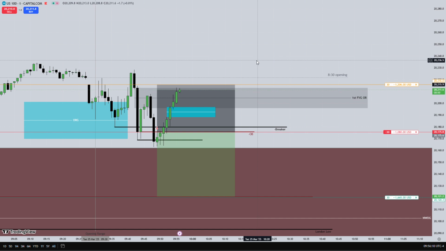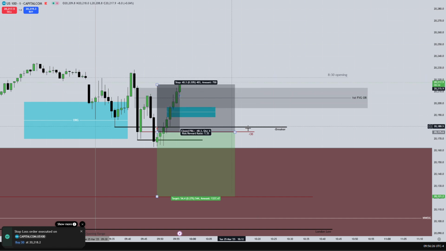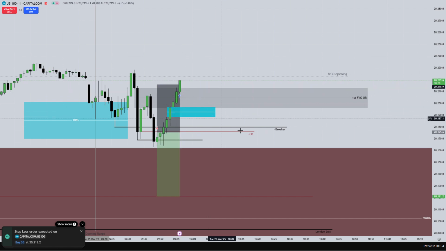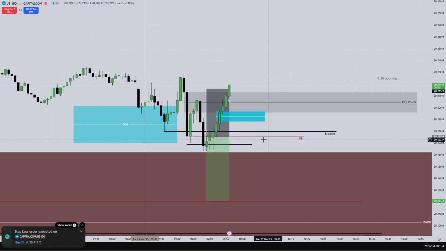Let's see what we get. Well, it's most probably a stop loss trade. It's a losing trade, but it's fine with me because I stick to the model. I've followed what my model is telling me, and if it's a losing trade, then it is how it is. So there we go. It's a losing trade, and it's fine with me.